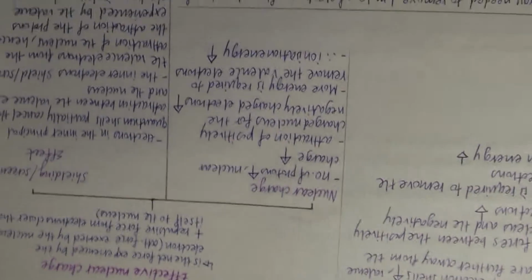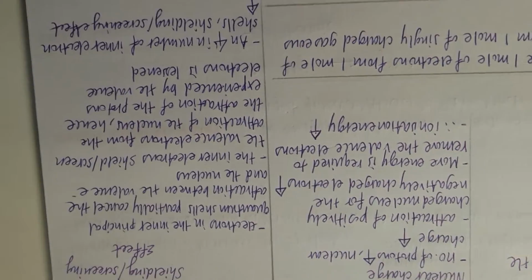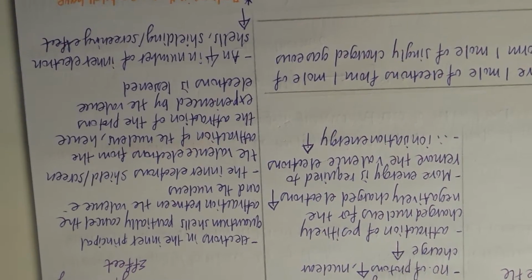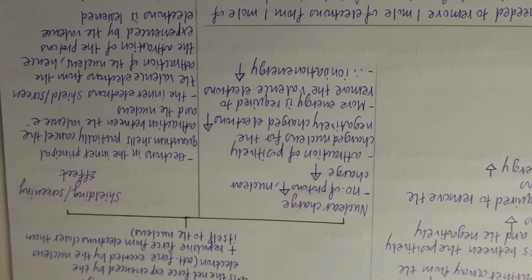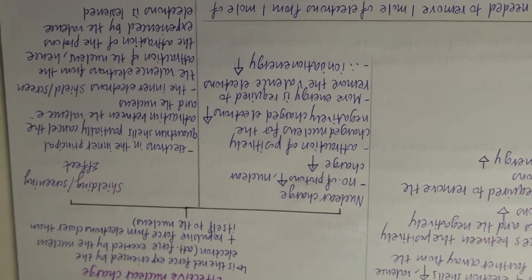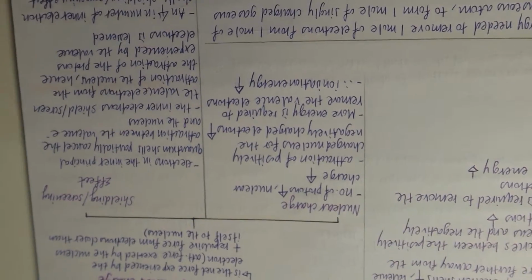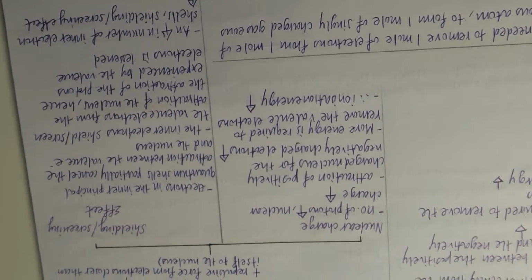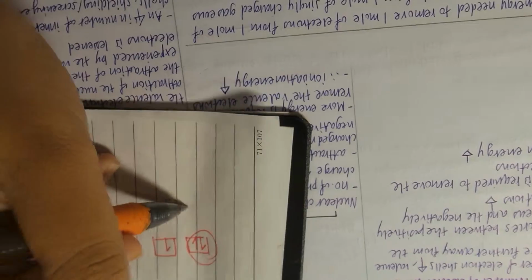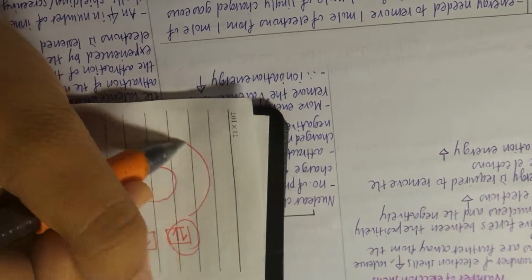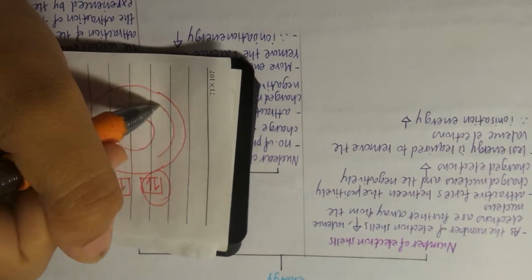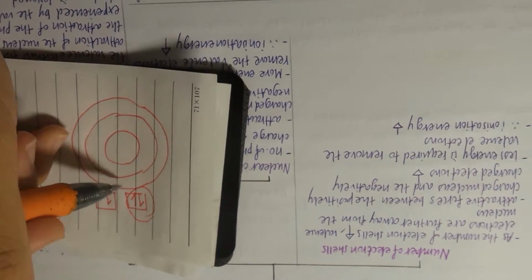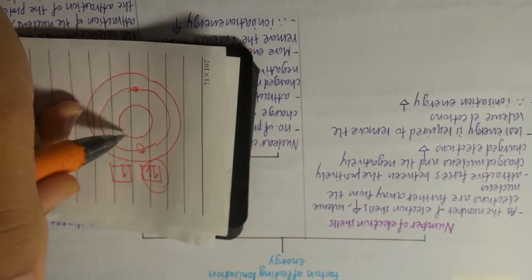The shielding effect, because electrons in the inner quantum shells actually cancel out the attraction between the valence electron and the nucleus because they are found in between. It's like they are sandwiched in between. In this case, if this is the nucleus, this one is the valence shell, then the inner quantum shells will be here, the electrons will be here, so it will cancel out.